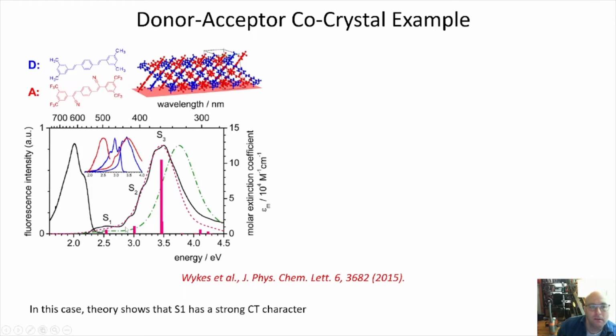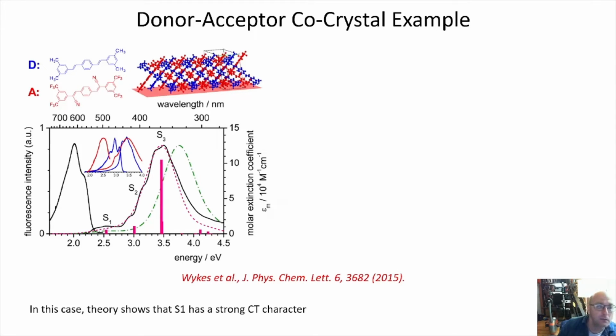And so then the question is, how do you know if any of these are CT excitons? And if so, how do you figure it out? It's not easy. This is really a research topic, figuring out to what extent you have CT character in your optically excited states is not an easy job.